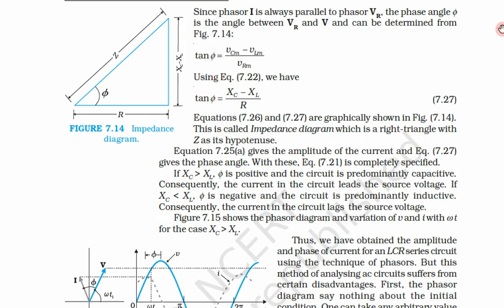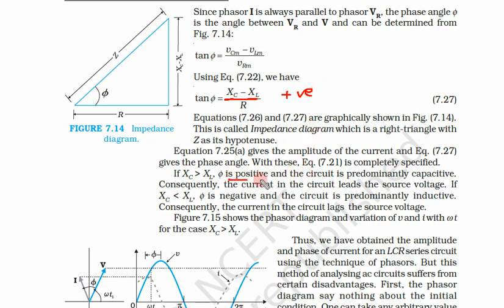So this is our phase angle. In the first case we are taking XC greater, XL less. So what we get? We get some kind of positive value, because R can never be negative. If XC is more, XL is less, we get a positive value.